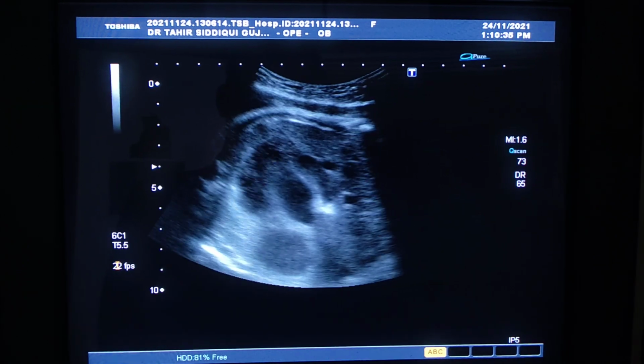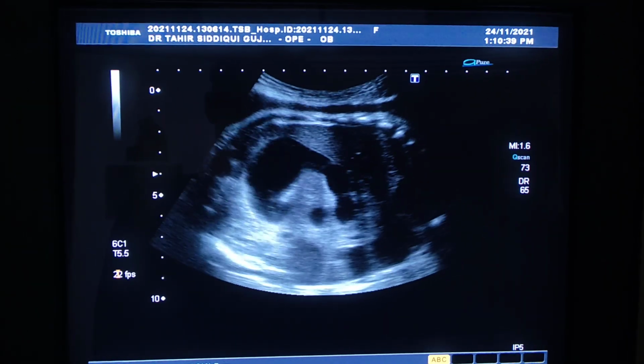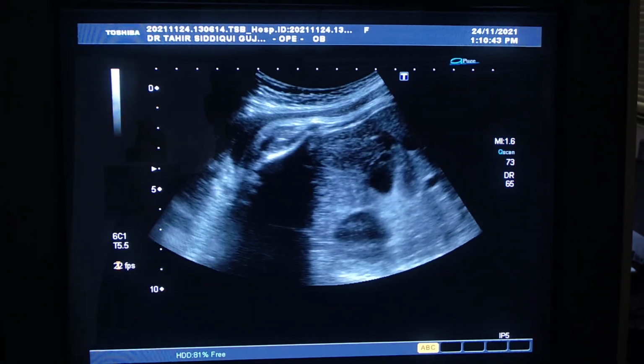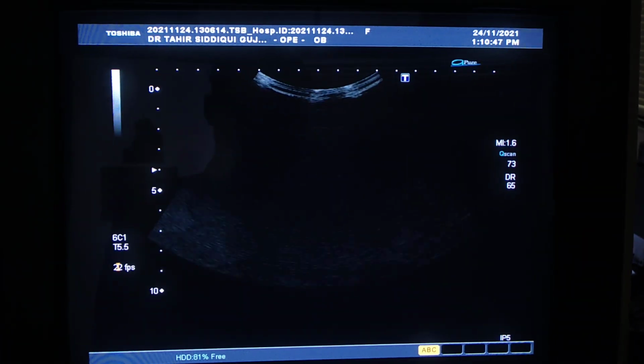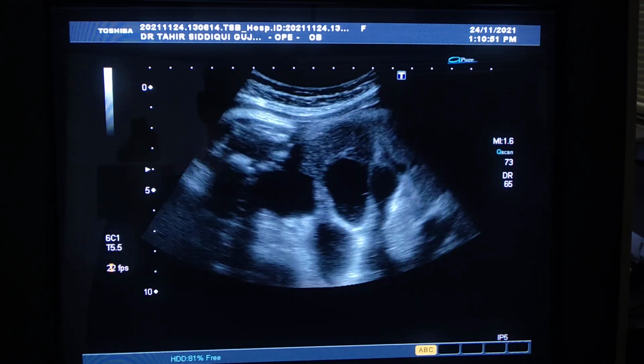Now, having seen this, this is the upper abdomen, and now I'm going to show you the lower abdomen.